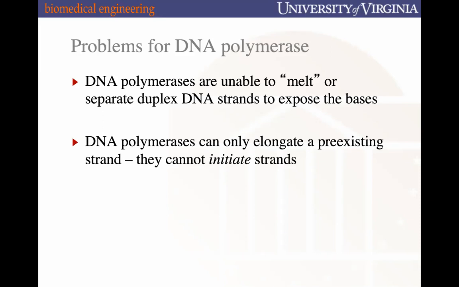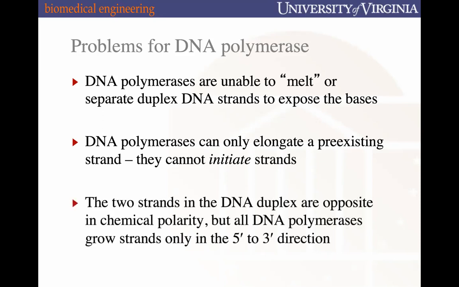So that's why it needs the RNA primer. It gives it something to work with, for lack of a better phrase. And the two strands in the DNA complex are of opposite polarity, like we talked about with 5' to 3', but this is important: DNA polymerase can only elongate in that 5' to 3' direction. All right.